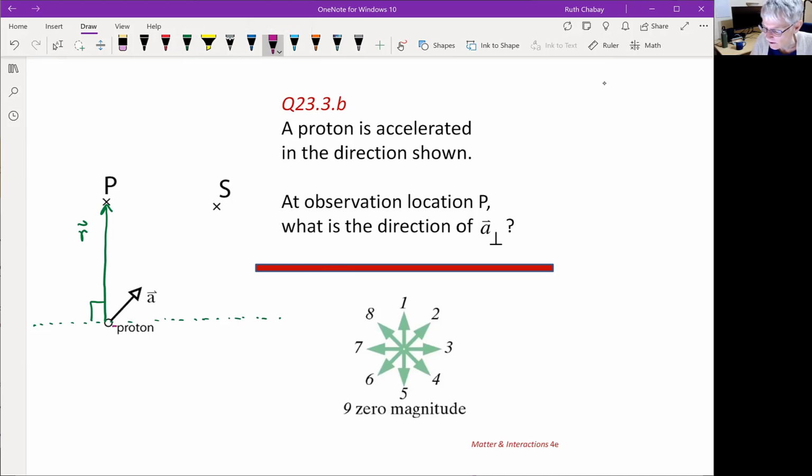Well, that's going to be the component that's parallel to r, and that's going to be the component perpendicular to r. Sorry, got it backwards. The vertical line is the component parallel to r. So this horizontal arrow is the component that's perpendicular to r. So the component of acceleration that's perpendicular to r is A perpendicular. Remember, we can draw it like that too.